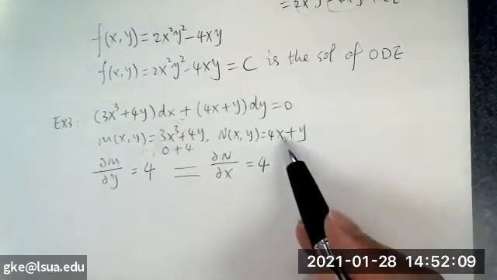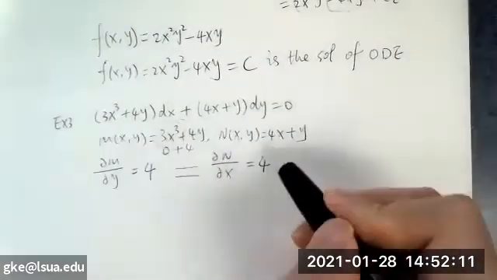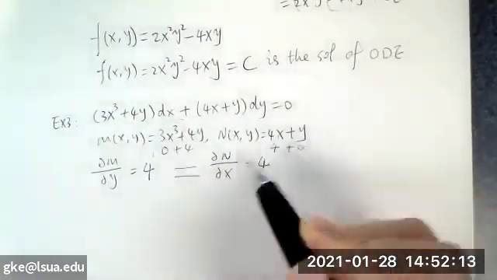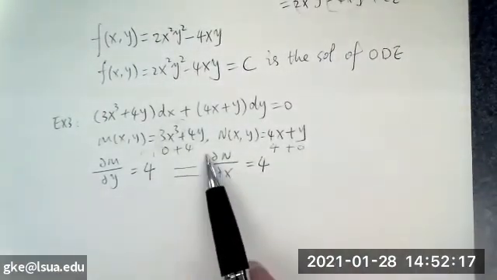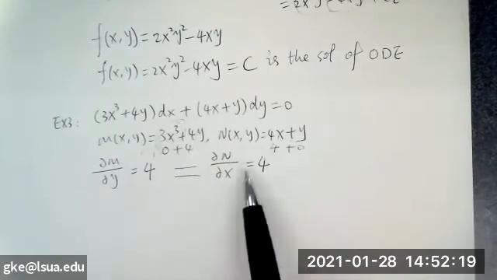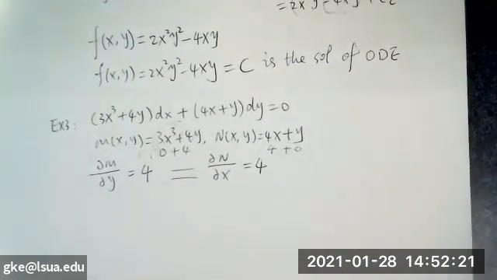And for this guy, it will be 4 plus 0, because the derivative of a constant is 0. So what you get from here is 4, and from here is 4.